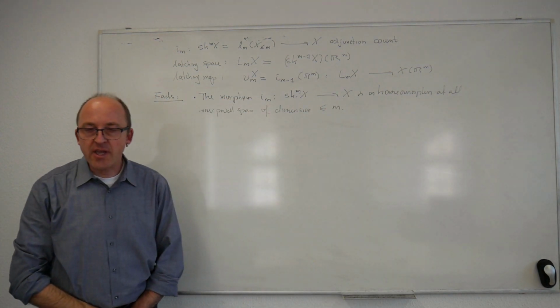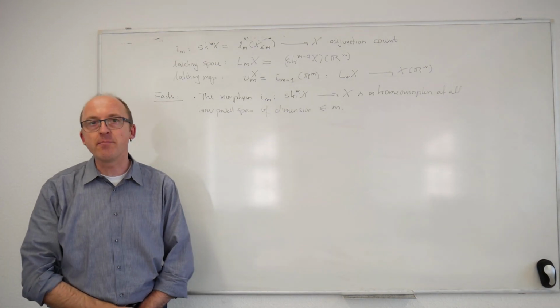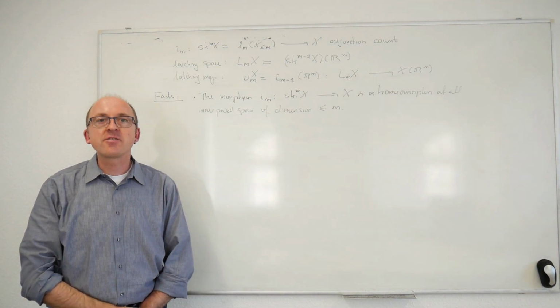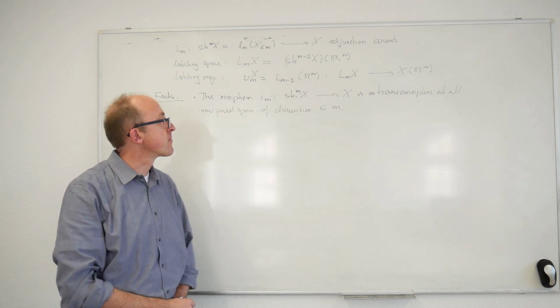This is just a special case of the fact that we're doing a left Kan extension along a fully faithful enriched embedding, and such left Kan extensions are really extensions. They don't change the values that you already had.